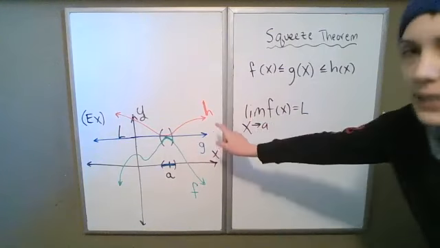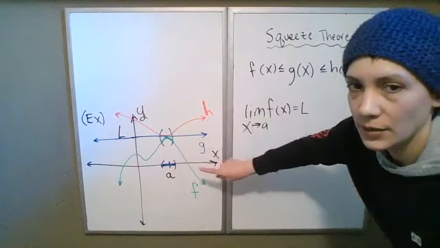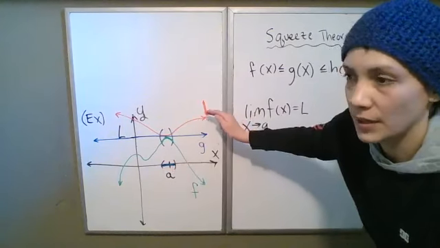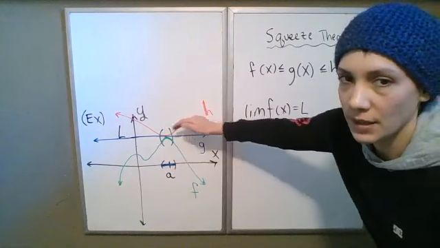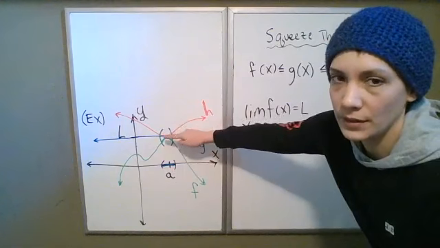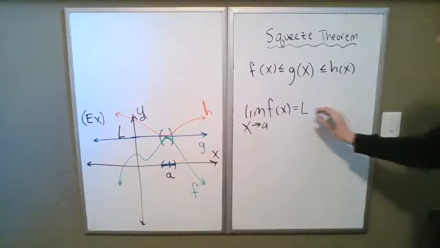Okay, and then the top function we called h, and the limit as x goes to a for your output of h is also L. These outputs are getting closer and closer to L as x goes to a. Also, it's like they're squeezing together, right?